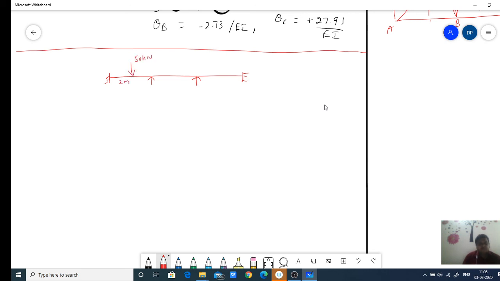This is 2 meter, this is 2 meter, this is UDL, this is 15 kilonewton per meter, this is 5 meter, this is a point load of 80 kilonewton, and here this is 2 meter and this is 4 meter.